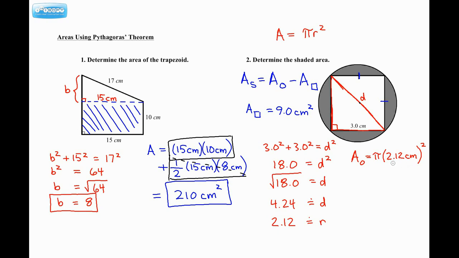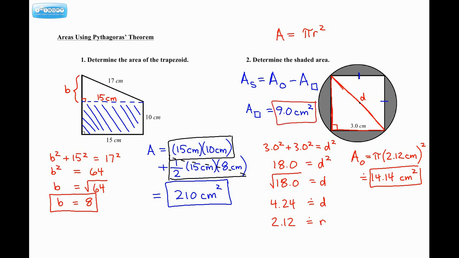So I have this number still in my display. I'm just going to square it. I get exactly 4.5, but I'll multiply by pi, and I get approximately 14.14. This is area, so this is now centimeters squared. So that's the area of the circle, and this is the area of the square.